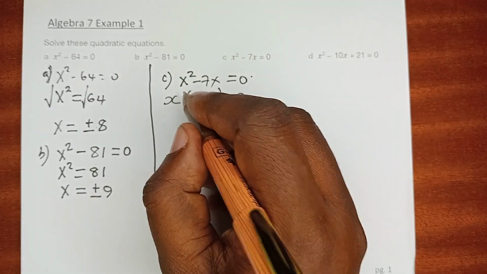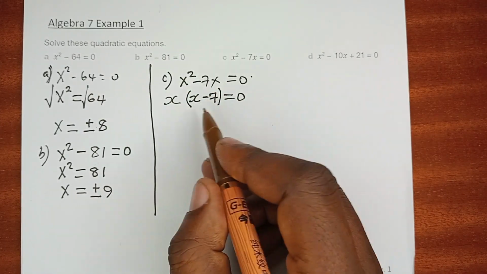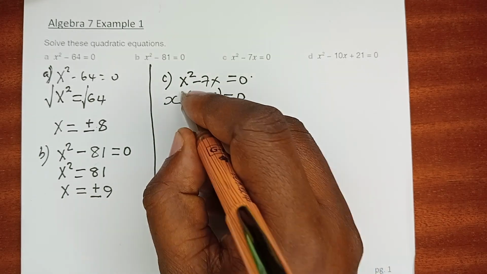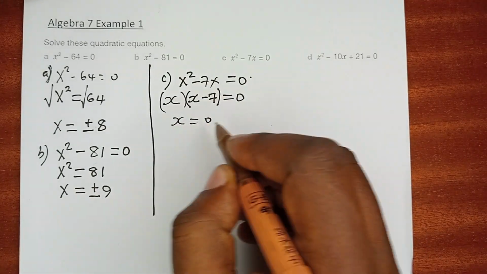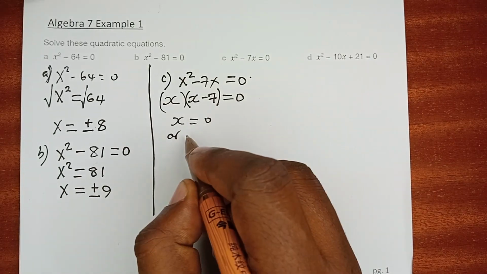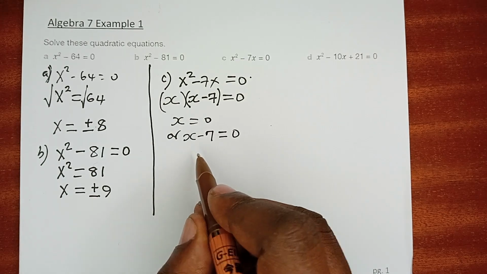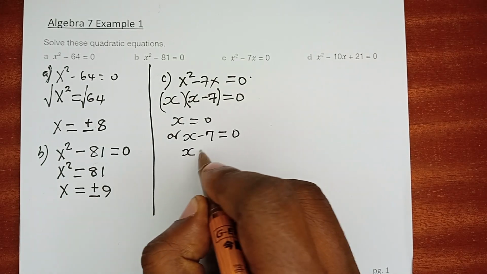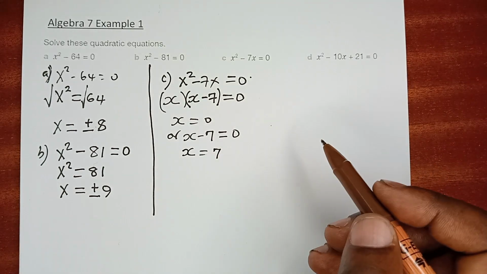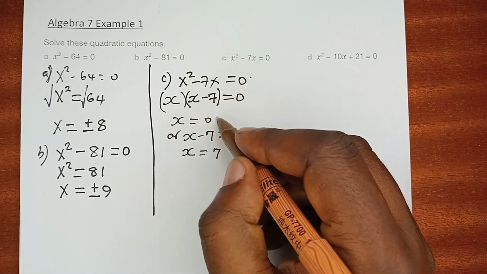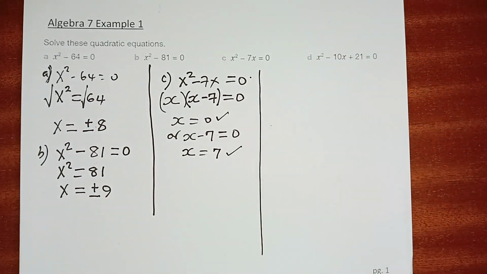And we realize that these are two terms that are multiplied together and the product is 0. So it is either the first term x is 0 or the second term x minus 7 is 0. And if this is true, then x is equal to positive 7. So the solutions to this question are 0 and positive 7.